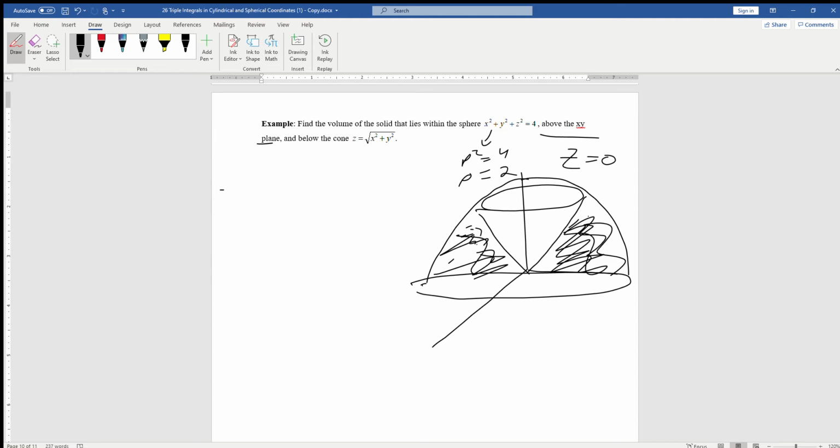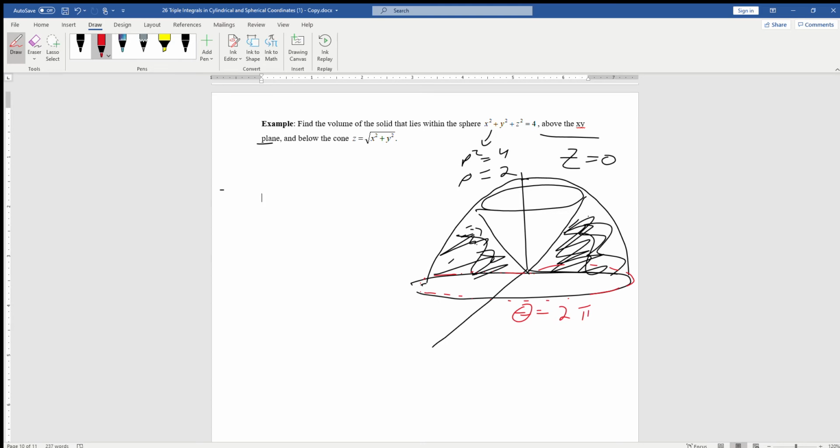Notice that theta is going to go completely around. We didn't bind it by an octant or anything like that, so theta is going to be equal to 2 pi. It's the entire sphere. It doesn't say half the sphere, at least above the axis, so we're completely rotating it.